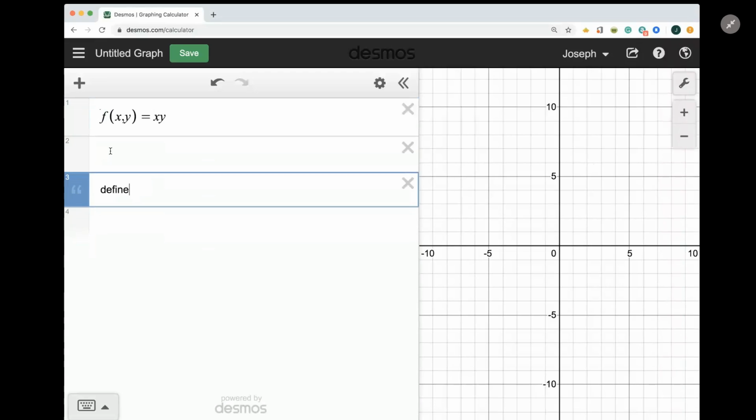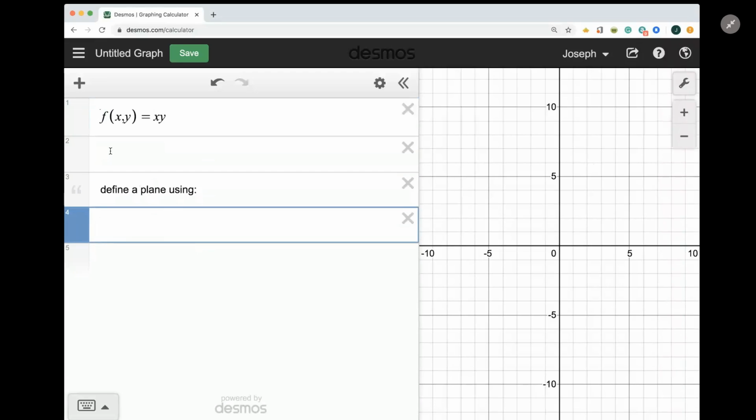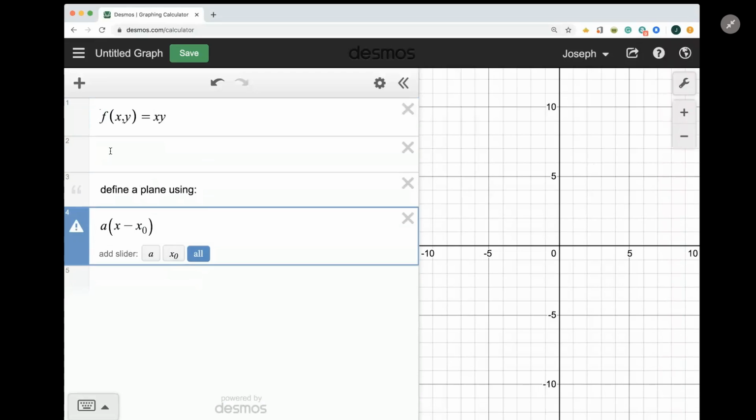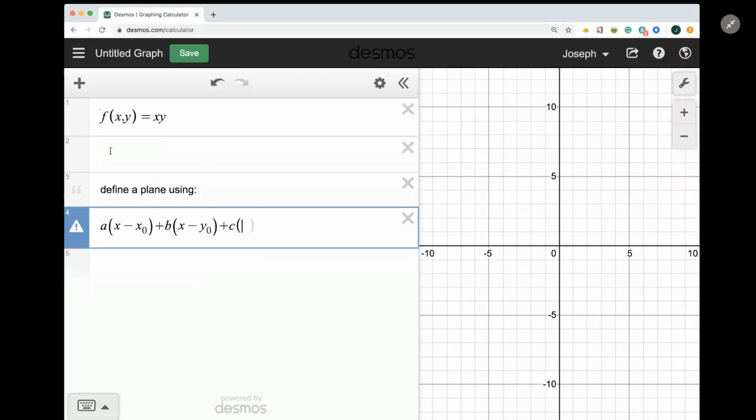We're going to define a plane using a formula from pre-calculus where we've got A, B, and C, which are perpendicular components of a normal vector. And we've got x naught, y naught, and z naught, which are going to be coordinates of a point on the surface and the plane.